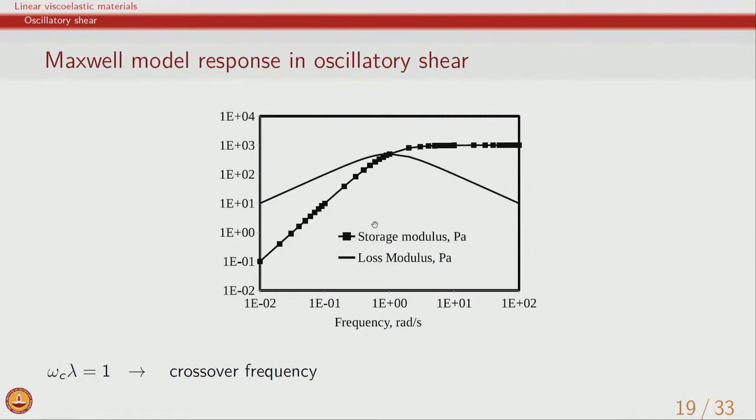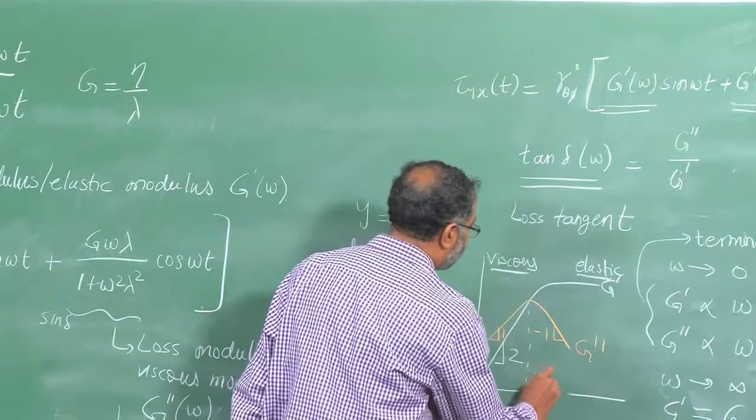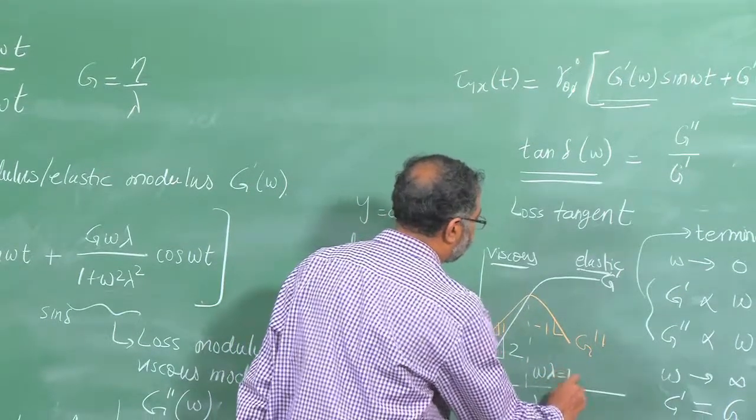And one important feature of the Maxwell model is where omega lambda equals 1, right. So, wherever omega lambda is 1 is this place, and sometimes this is called the crossover frequency.